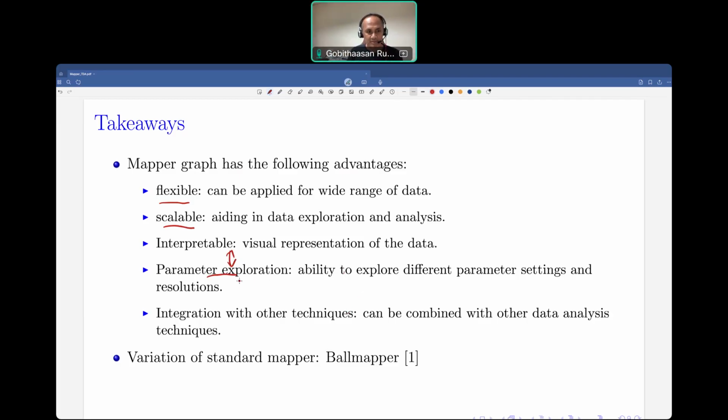And the exploration here simply means that it has got so many free parameters, where you can just choose and change and switch.